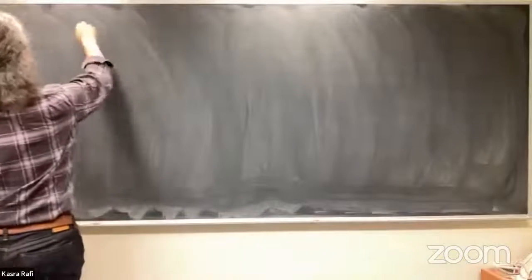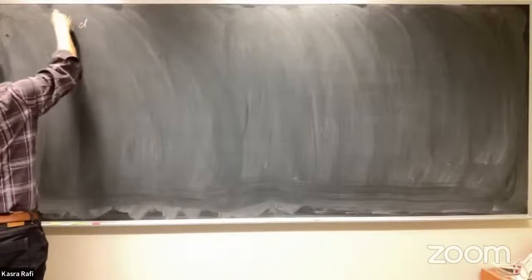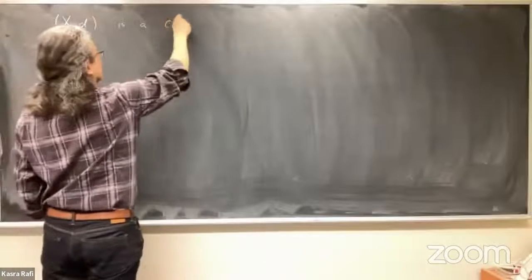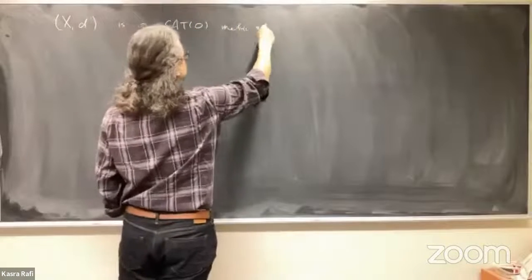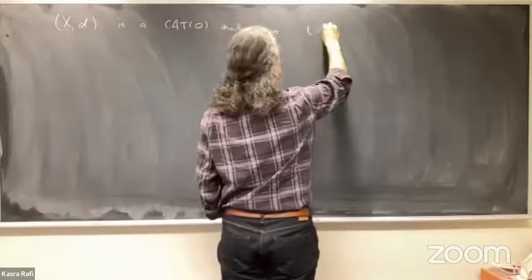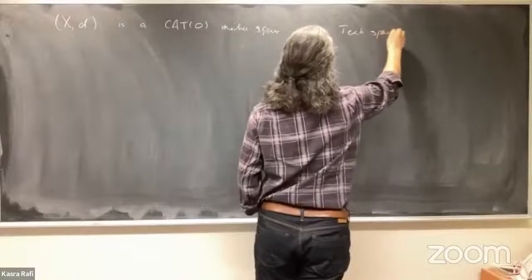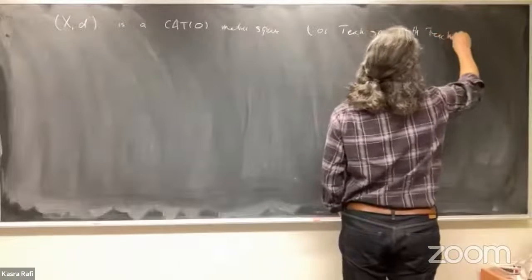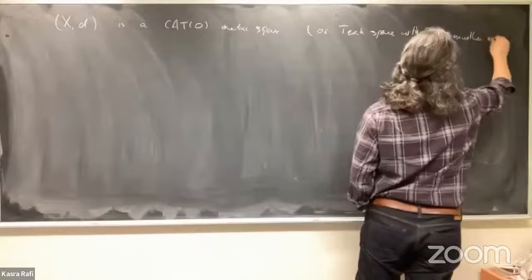So okay, the setup is that X is a CAT(0) metric space. But I think everything I want to say is also true for Teichmüller space, with the Teichmüller metric.